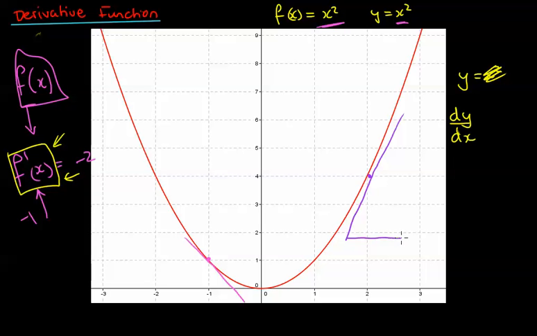You pick 2 points on your line and make a right angle triangle, and you work out the vertical step and divide it by the horizontal step. The vertical step is the difference in y, dy, and you divide it by the horizontal step, the difference between these two x values, or dx. So dy by dx is another way to write the derivative function.